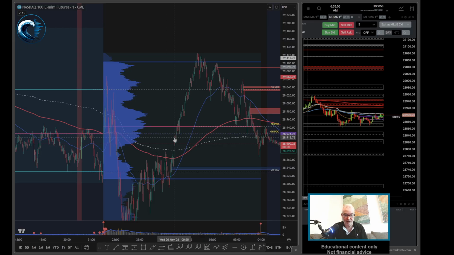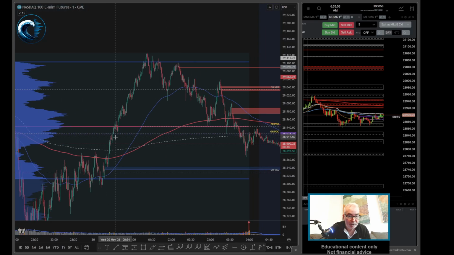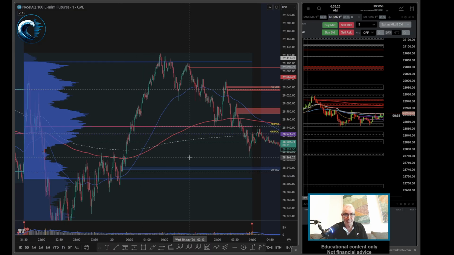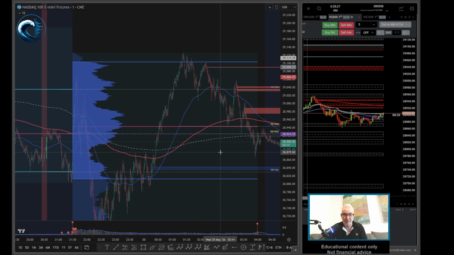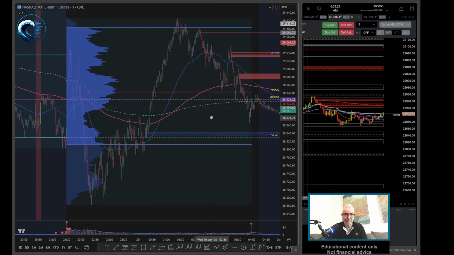So it's gone flying through it. But remember, that's still developing, so this isn't relevant at that stage. But straight off the overnight point of control, bang. So it would have been a few opportunities last night for sure.